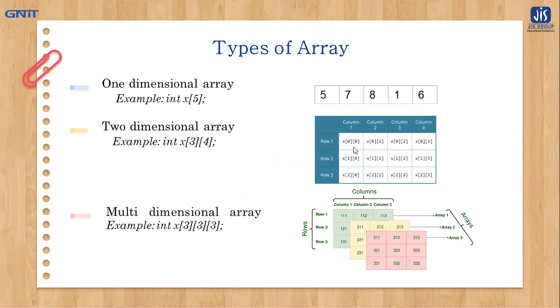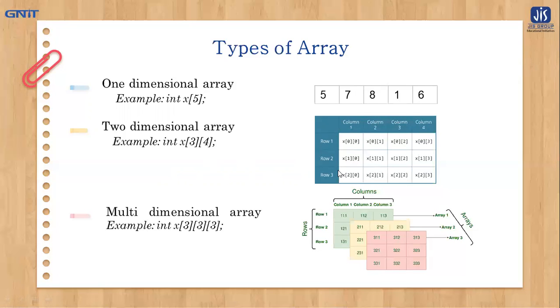Here you can see the index, the position is written as x00. X00 means what? This is the index value, what I have talked about for the one-dimensional array also. For this, the row number is 0 and the column number is 0. So there is an array having 3 rows and 4 columns.